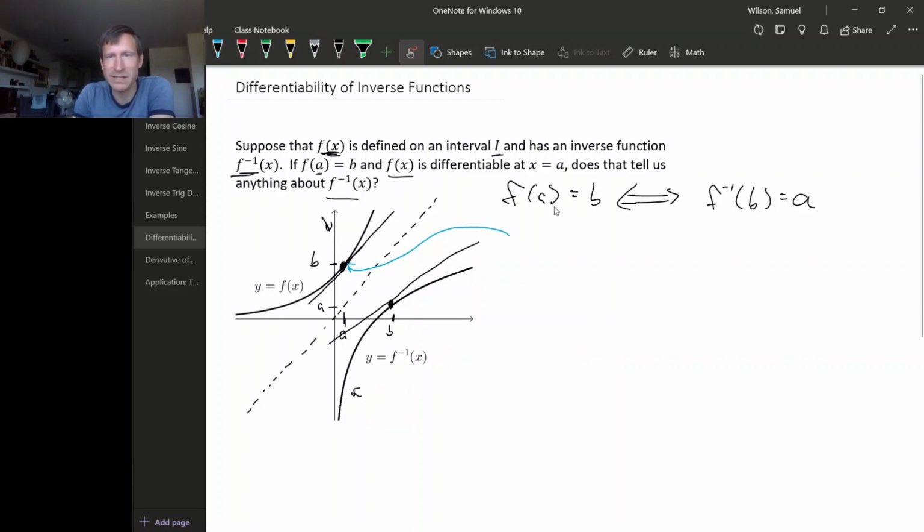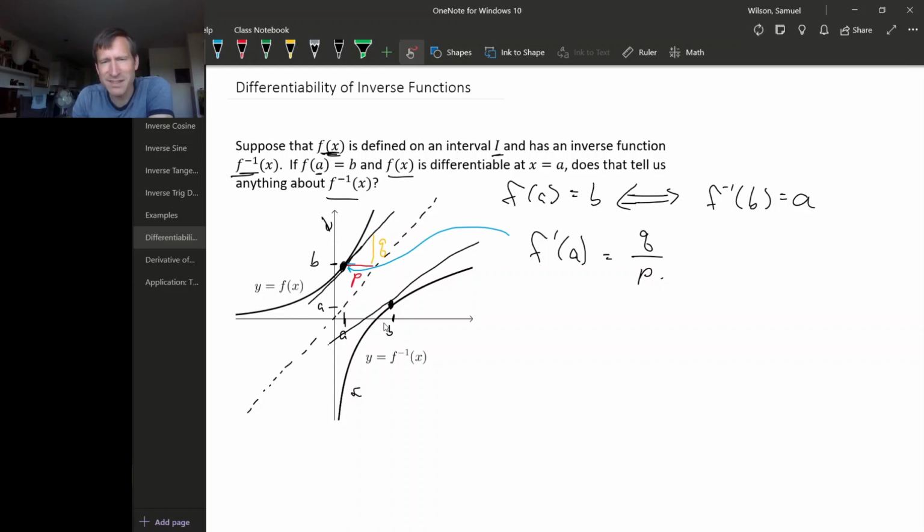So this would be f prime of a. And we could measure that slope by moving over a little bit and up a little bit. If we called the distance we went over p, and the distance we went up q, then that means f prime of a is q over p.